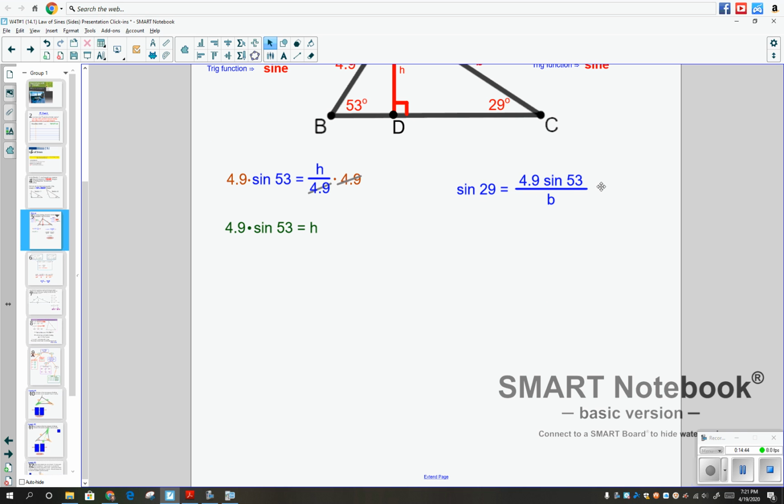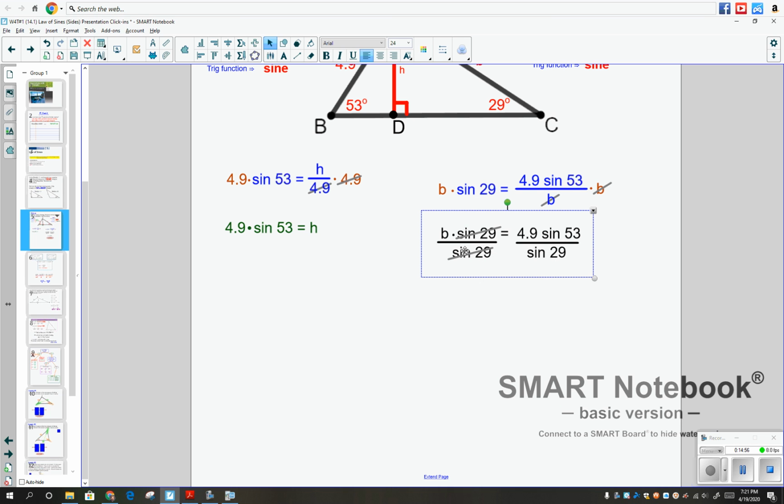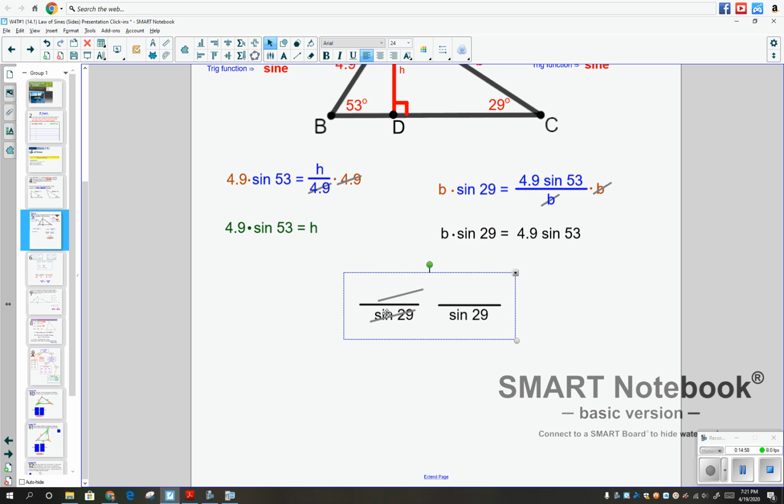Well, let's solve this. Let's clear fractions by multiplying both sides by B. They'll cancel out on the right. I have B times sine of 29 equals 4.9 times sine of 53. How do I solve for B and get B by itself? Well, I got to get rid of the sine of 29.